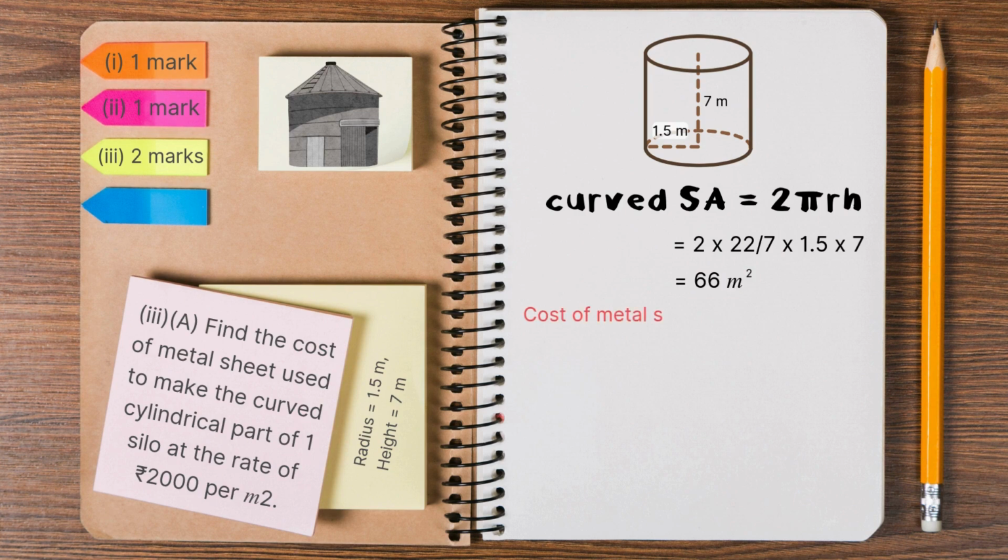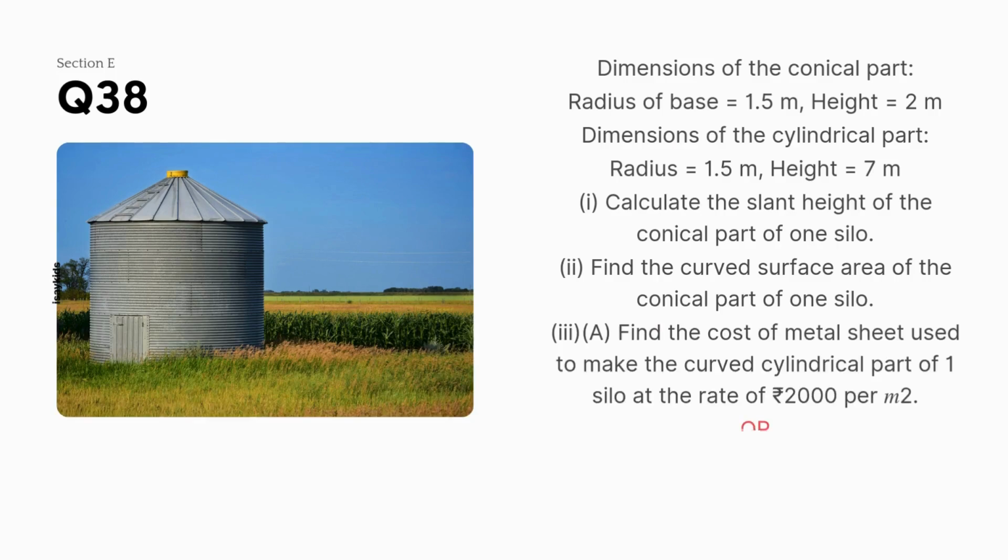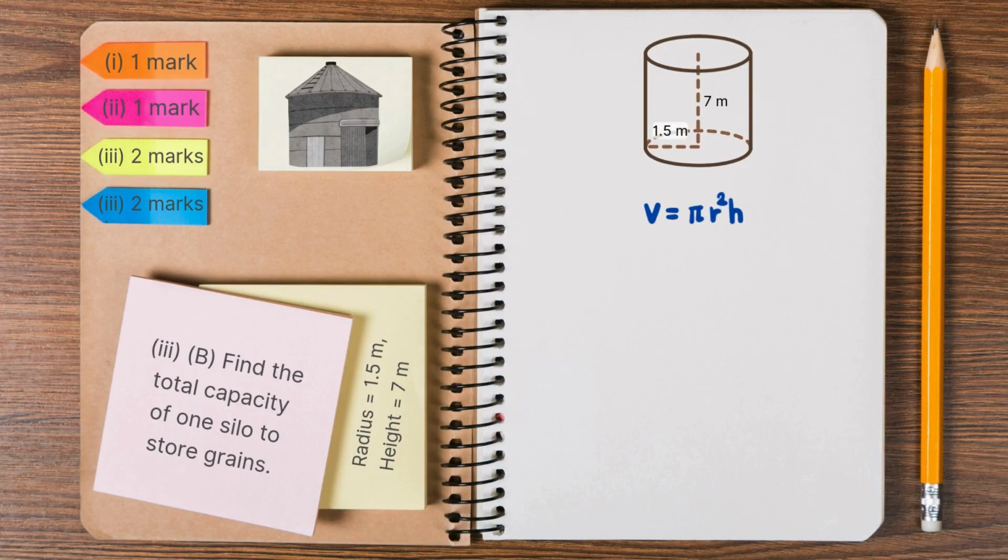Now cost of metal sheet used would be 66 times 2000, so 1,32,000 rupees. The last part is, find the total capacity of one silo to store grains. Now capacity is given by the volume of cylinder, so it will be pi r square h. Substituting the values, we get volume as 49.5 meter cube.